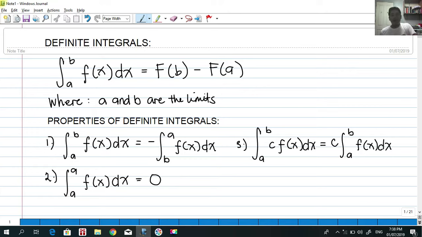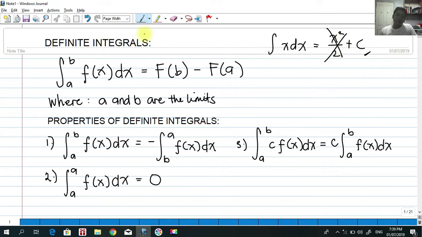Unlike, for example, this indefinite integral, wherein we don't have any limits, we don't have any A and B's here. If we integrate this, we should get x squared over 2 plus a certain constant c. But in evaluating definite integrals, we should be getting a constant value, any number, not this expression anymore.